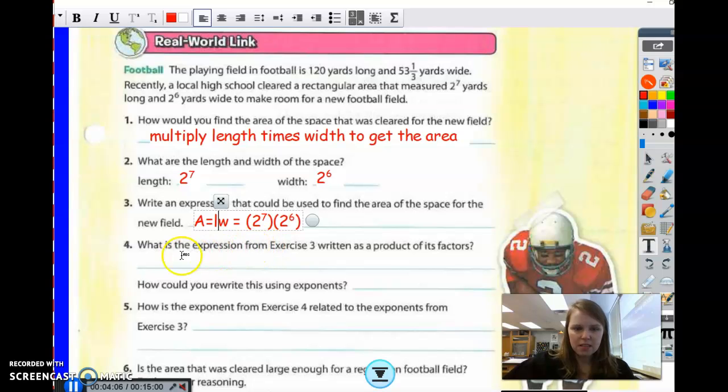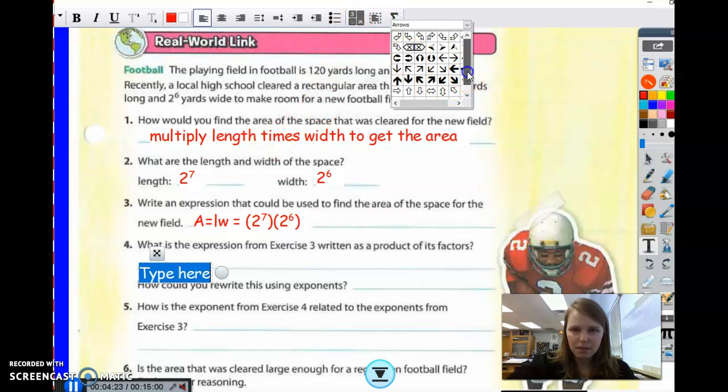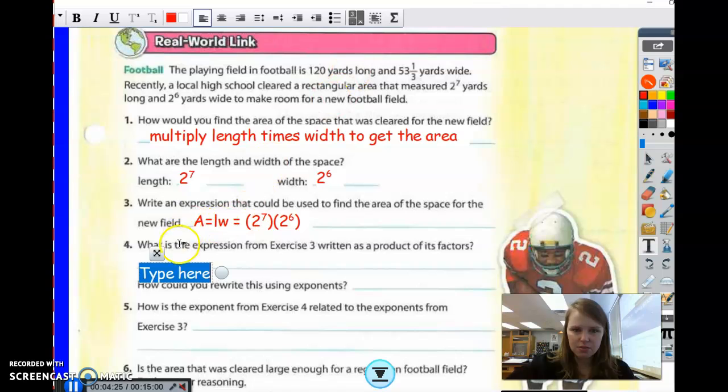So it says, what is the expression from exercise 3 written as a product of its factors? Written as a product of its factors. Okay, guys. What this means is we're going to write this whole thing out. Maybe I will use the x now.